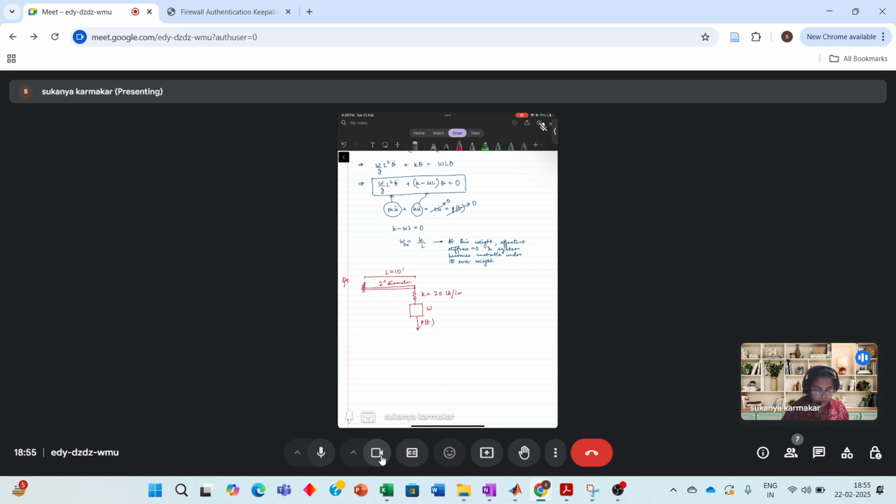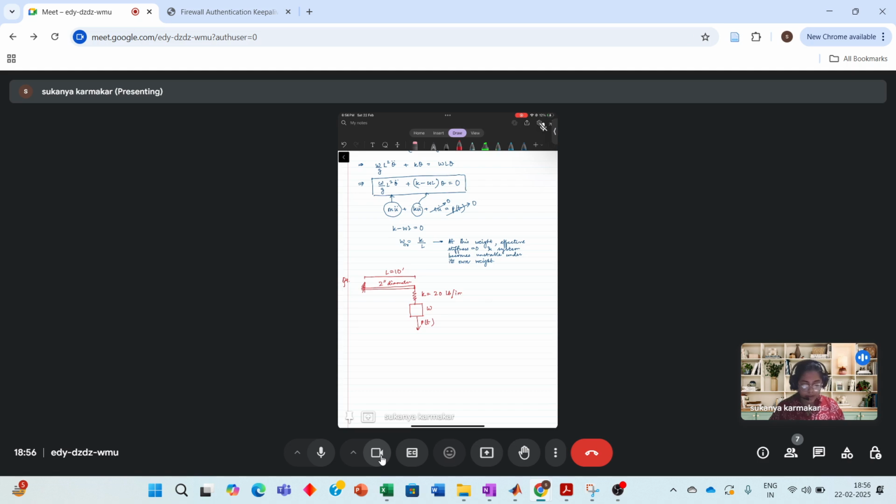And I want you to derive the equation of motion of the weight W suspended from a spring at the free end of a cantilever beam. For the time being, you don't need to plug in values. First, let's set up the equation in terms of the variables, and then we'll discuss what we can do with this question.